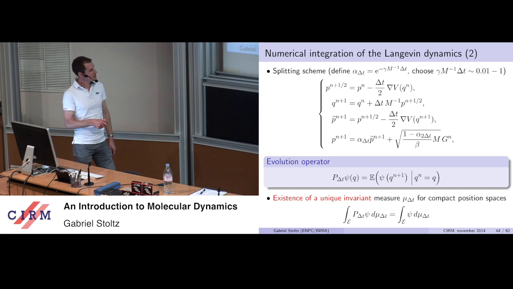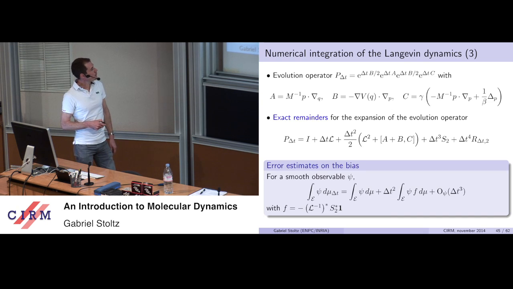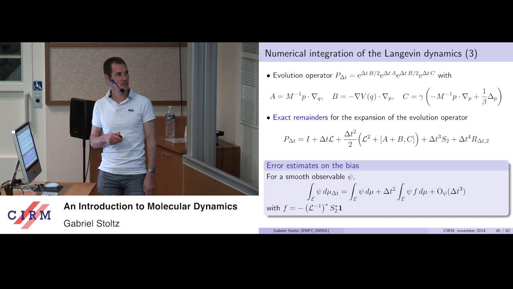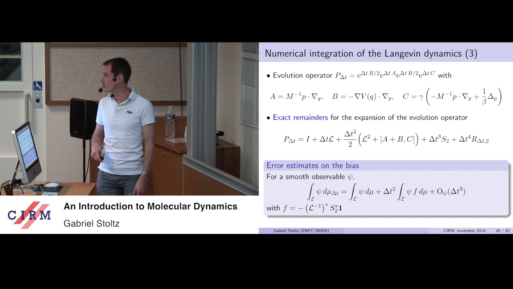Now what we would like to understand is how this invariant measure mu_{delta t} is close to the actual Boltzmann-Gibbs measure, exponential minus beta H. For that, there are results like this one, which go back to Talay-Tubaro in the beginning of the 90s for other types of equations, which tell you that averages with respect to the numerically invariant measure are actual averages plus perturbations of order delta t to the power something.